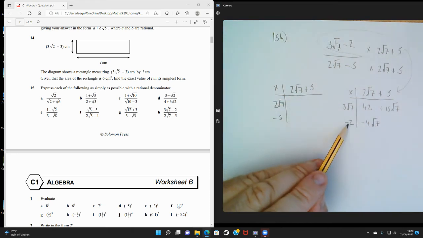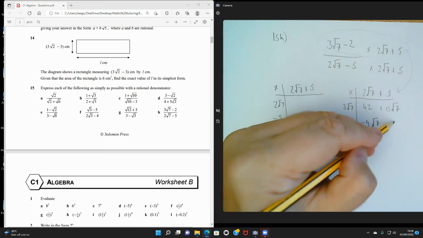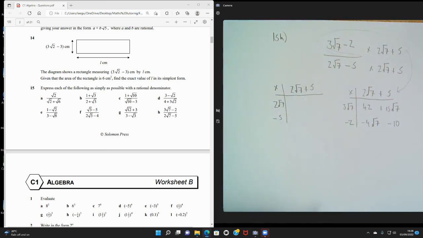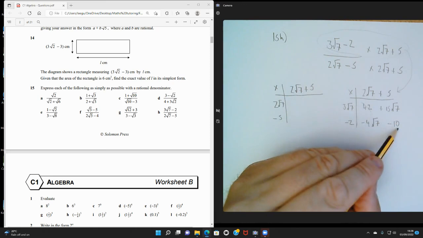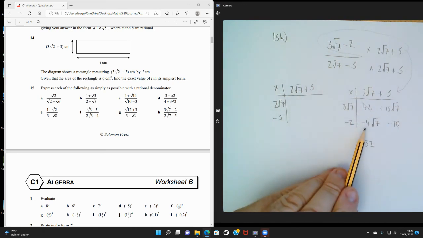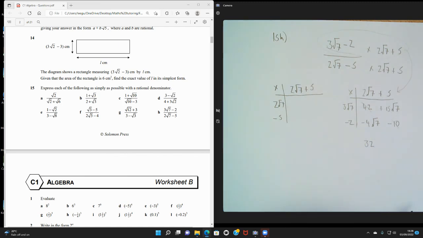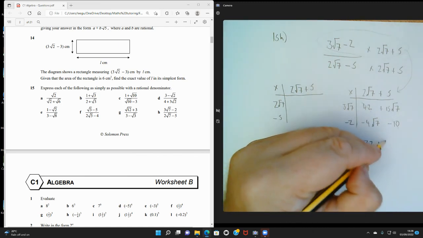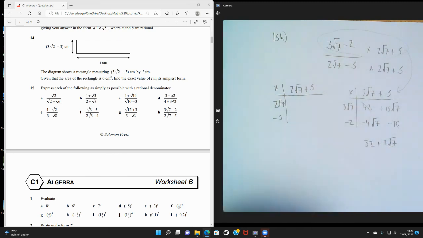And then finally, minus 2 times 5 is minus 10. So when I collect like terms, 42 take away 10 is 32. And minus 4√7 add 15√7 is plus 11√7. So that's the numerator expanded out.